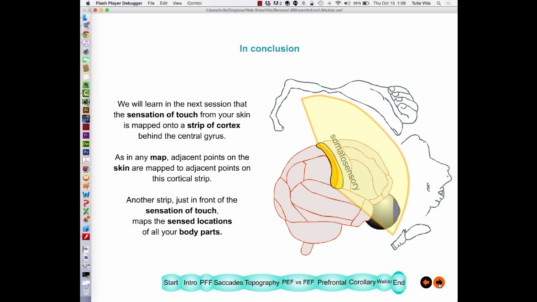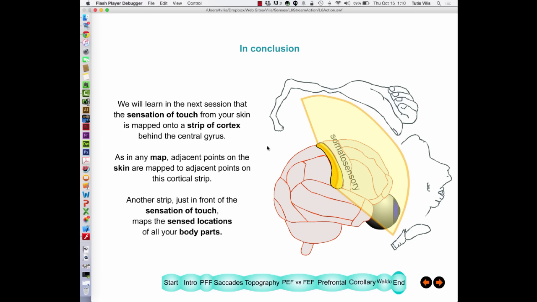So in the next session, we'll look at the somatosensory area in more detail. And we'll see that it's a strip just along here in the somatosensory cortex, in front of the central sulcus, that codes your body.